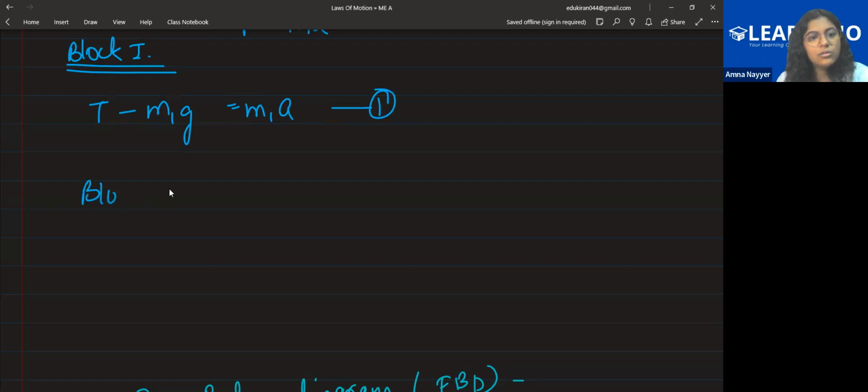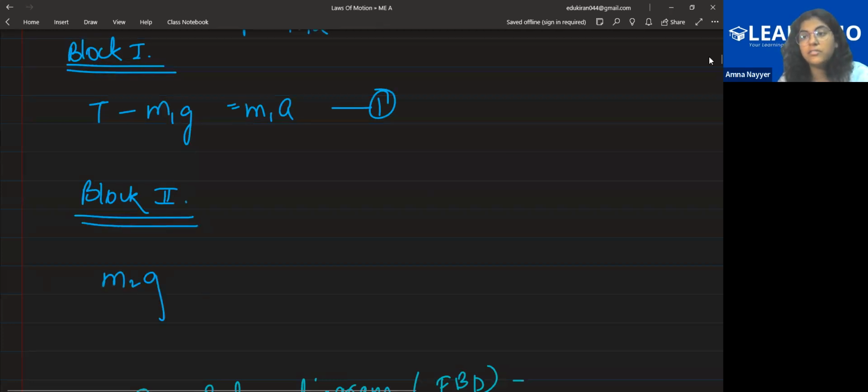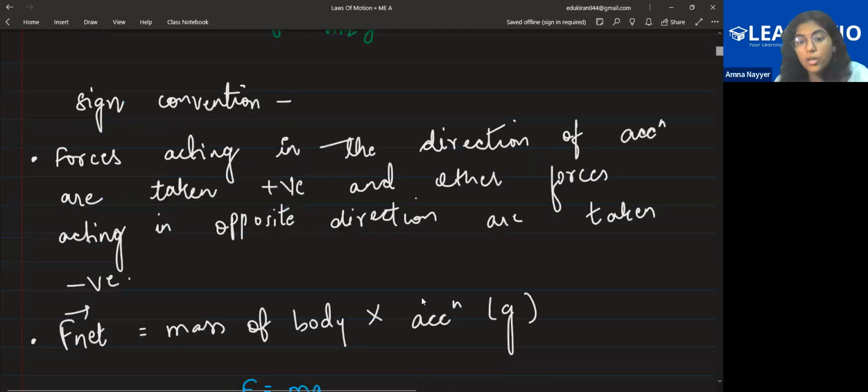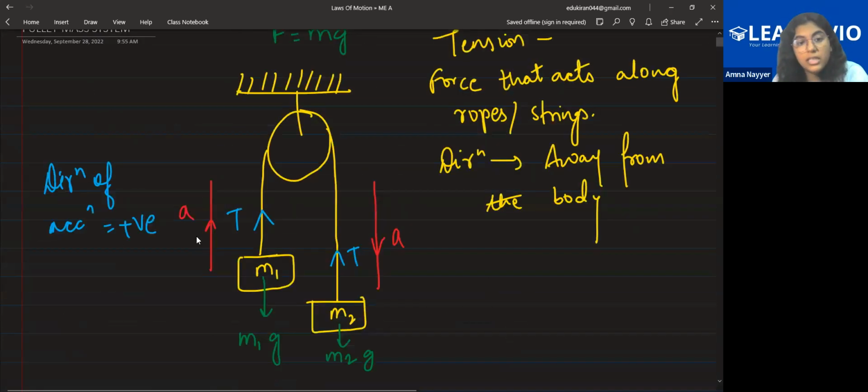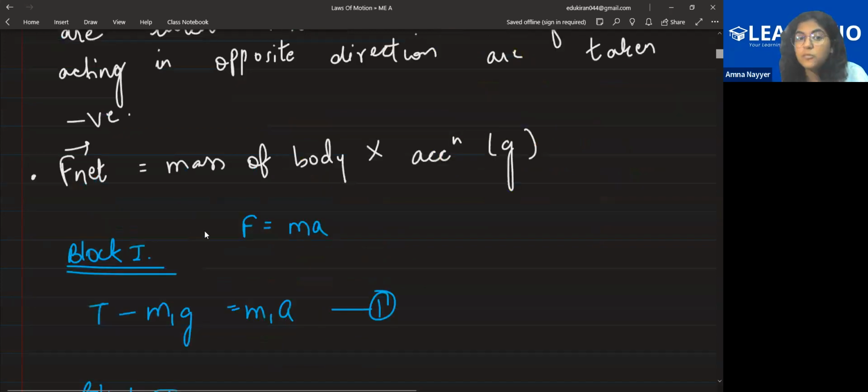And when we are talking about block 2, that time we will have m2g positive. Why tension negative? Because acceleration is directed downwards. Understood? Now m2g is acting downwards because acceleration is downwards, so this is positive.